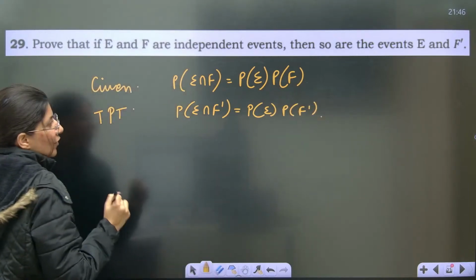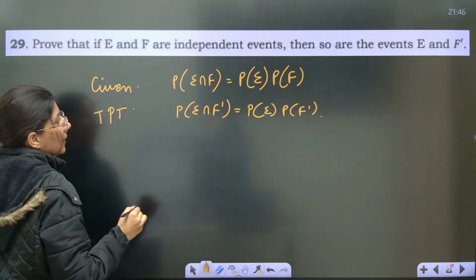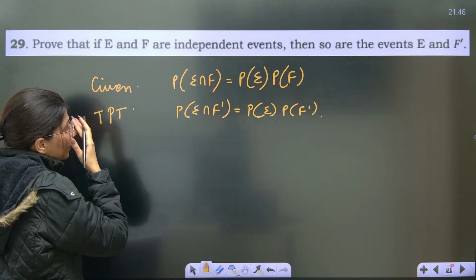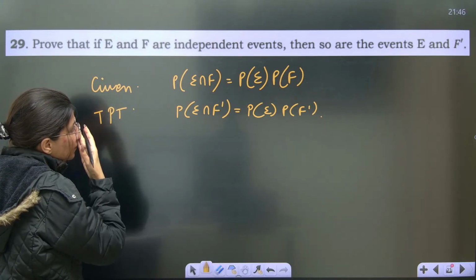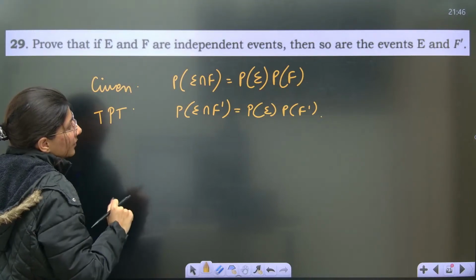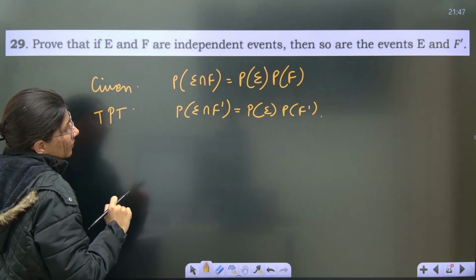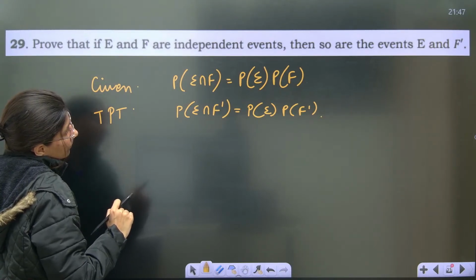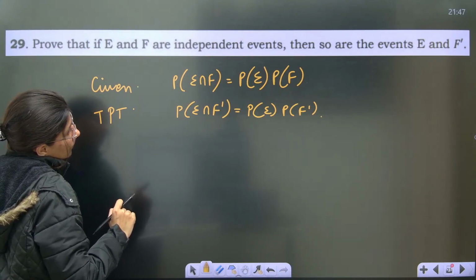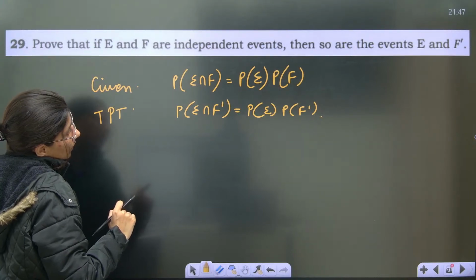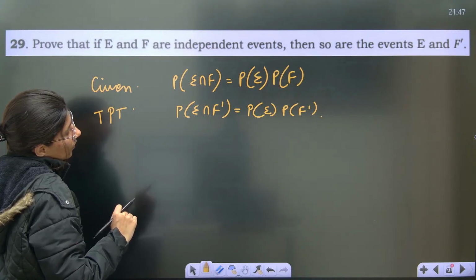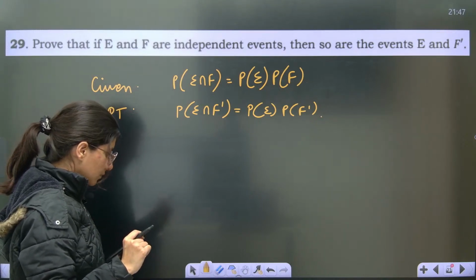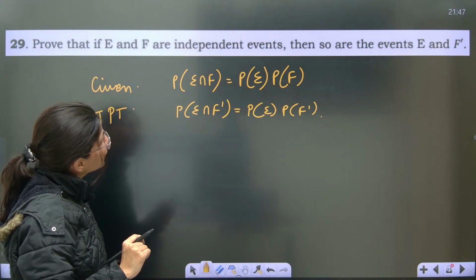Correct? So first of all, understand that to prove that, how will you prove that?